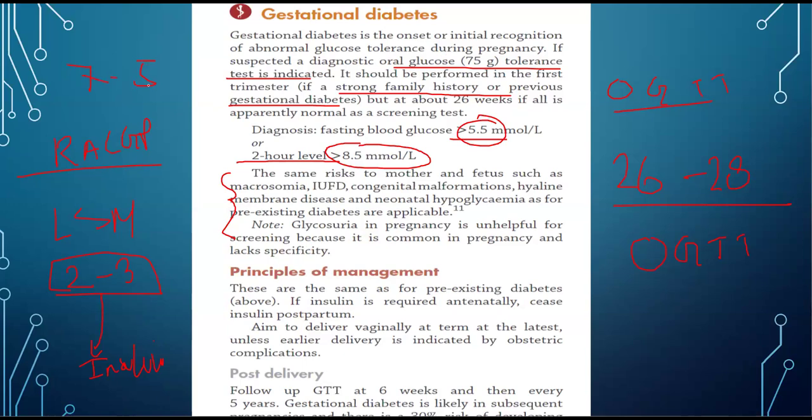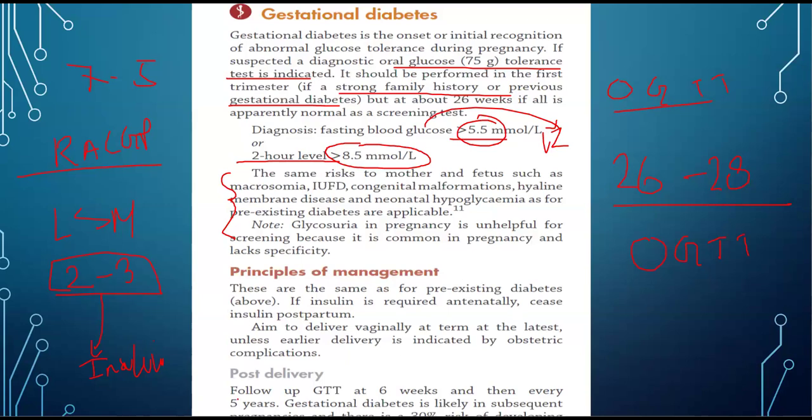It is still high, but not super high. Super high would be, let's say, 12 fasting. If it is just a mild elevation, you can try an oral antihyperglycemic, which is metformin. In Australia, we use metformin in pregnancy, especially for mildly elevated blood sugar. But in case of very high blood sugar, the best management is definitely insulin.